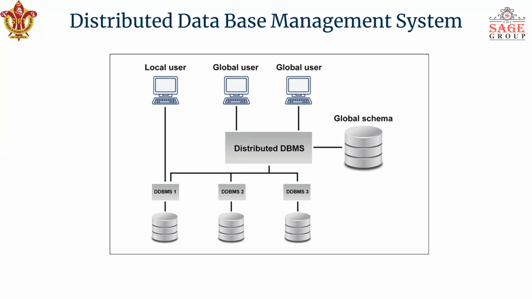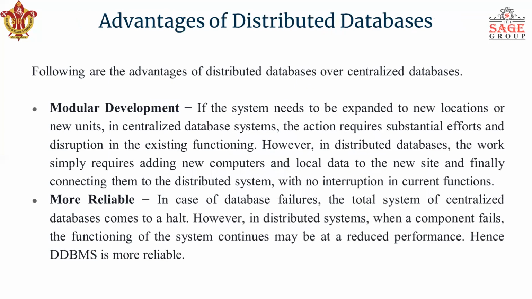But all these databases, shown in cylindrical shape, database 1, DDBMS 2, and DDBMS 3, are all connected and form a distributed global database management system. They are geographically and physically separated, but they are transparent to the user.